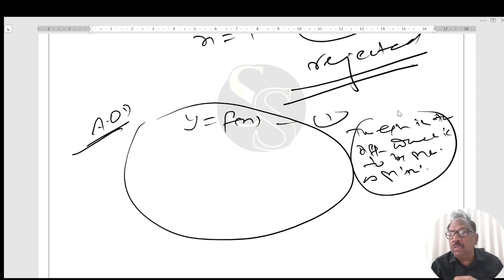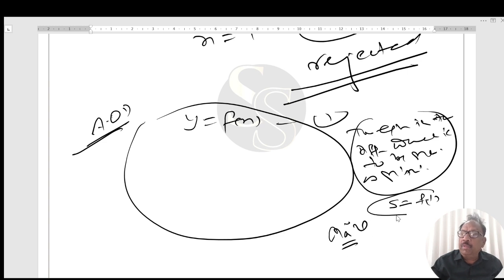Suppose displacement is given to you in terms of f(t) and we have to maximize velocity. Then this will not be the function; make it ds/dt. This will be the velocity v(t), then we have to maximize it.